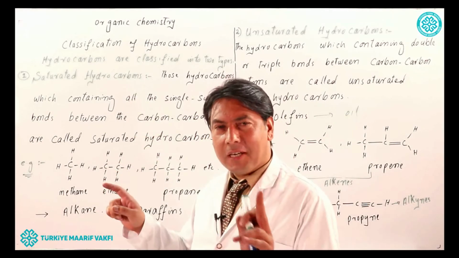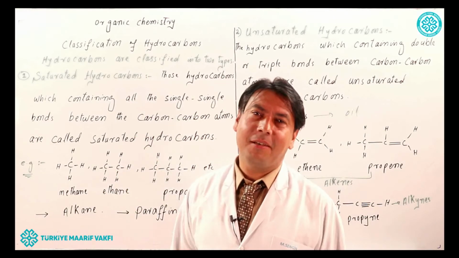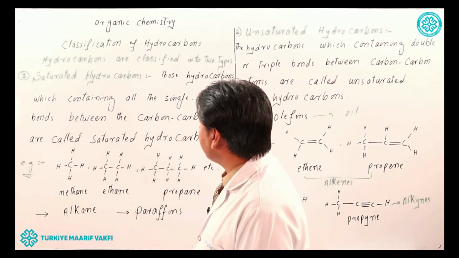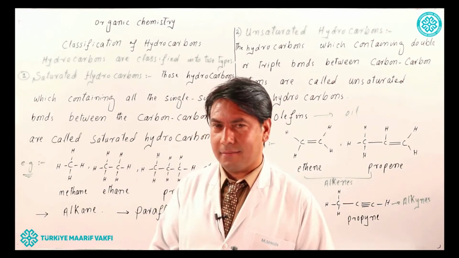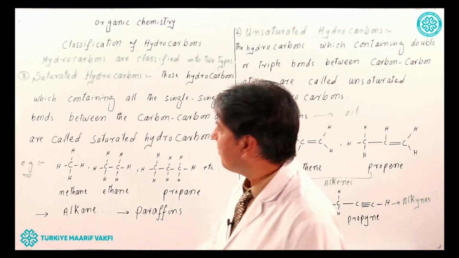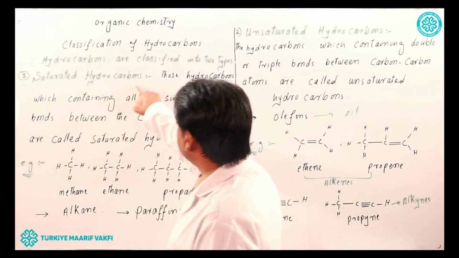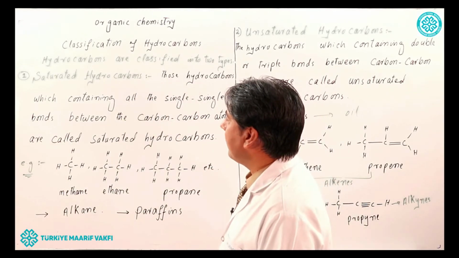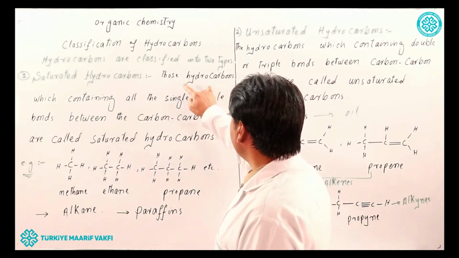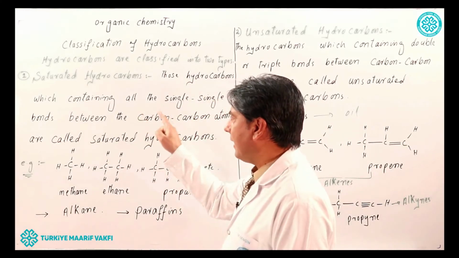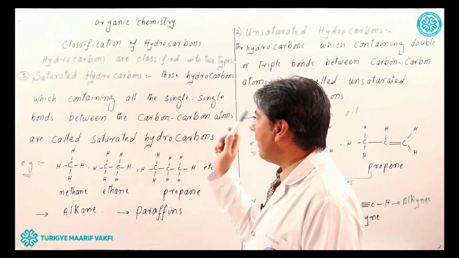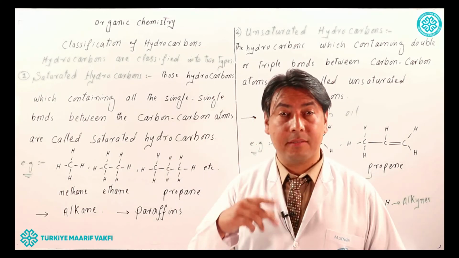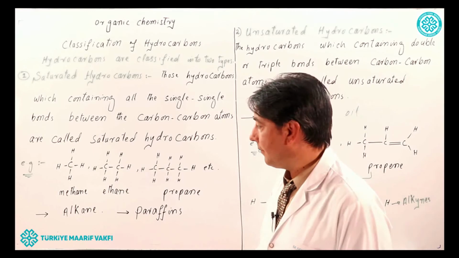Now we are coming to the classification of hydrocarbons. Hydrocarbons are classified into 2 classes or 2 types. The first one is saturated hydrocarbons. We will define the saturated hydrocarbon. Those hydrocarbons which contain all single bonds between the carbon-carbon atoms are called saturated hydrocarbons.